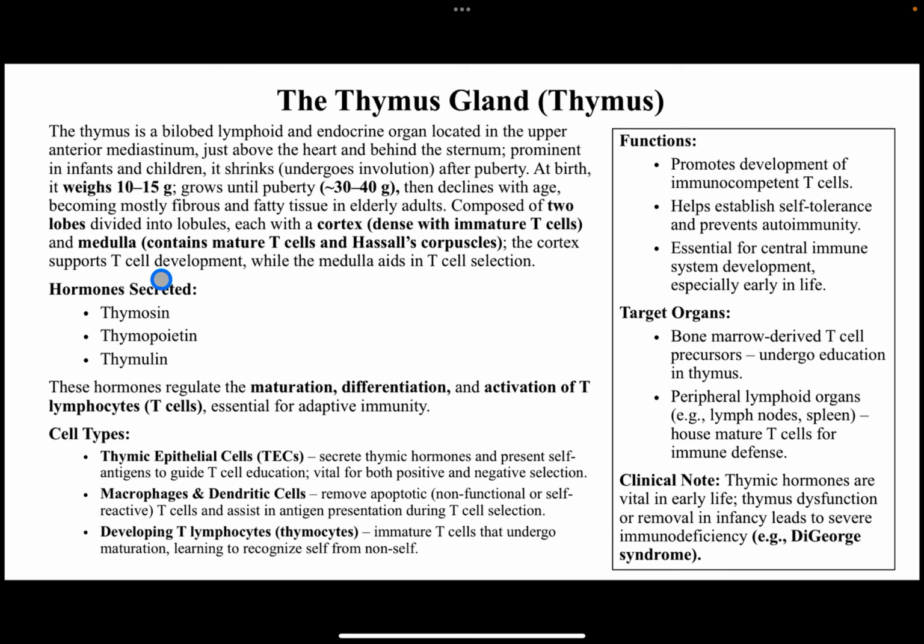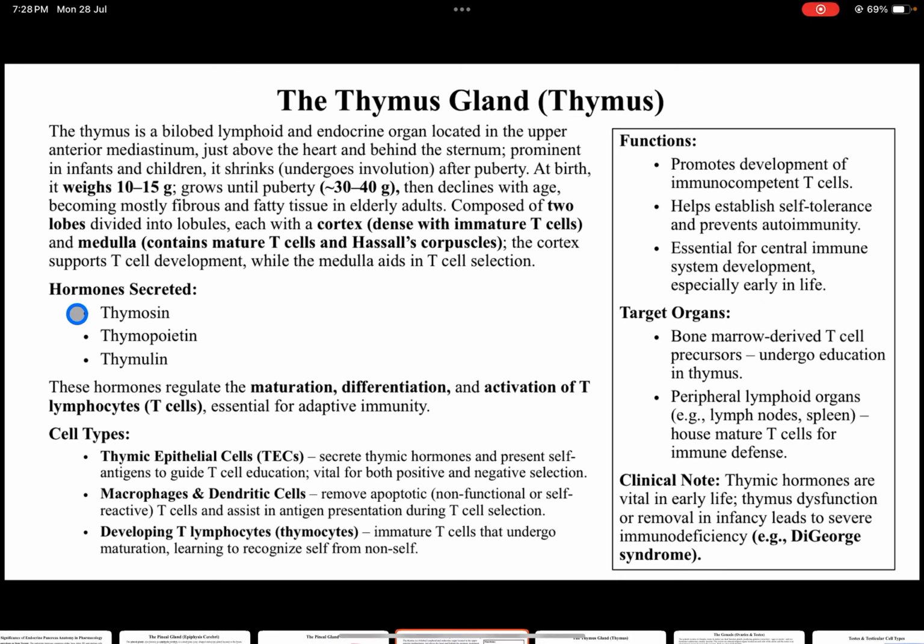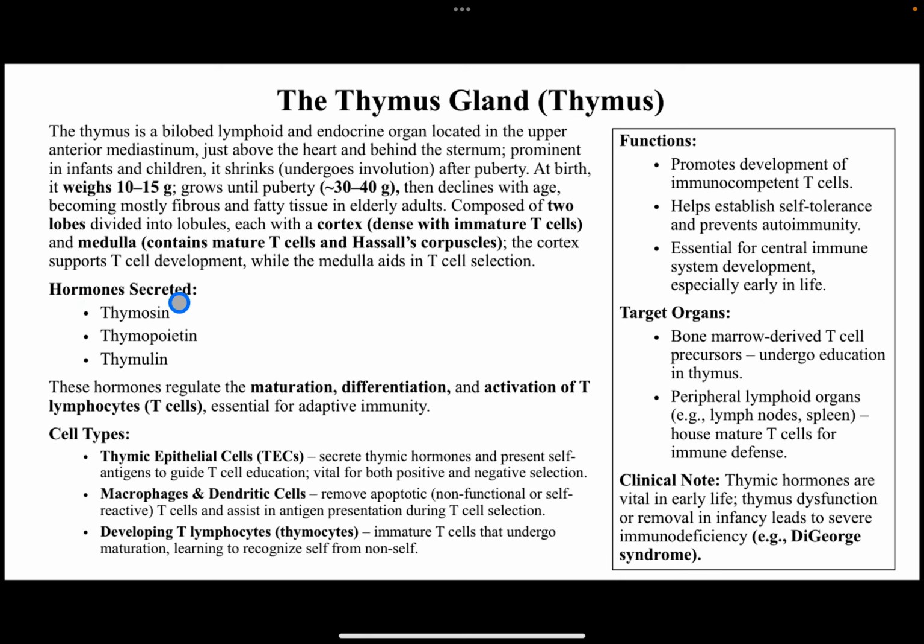Okay, so the thymus gland basically secretes three main hormones. We have thymosin, thymopoietin, and then thymulin. The thymosin promotes T cell differentiation and T cell maturation. Now, the thymopoietin aids in T cell differentiation, and then the thymulin is responsible for T cell function or T cell activation.